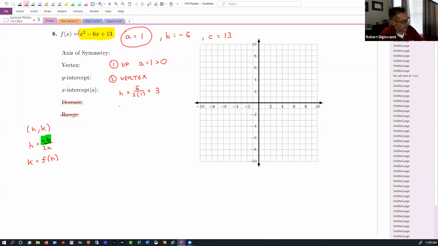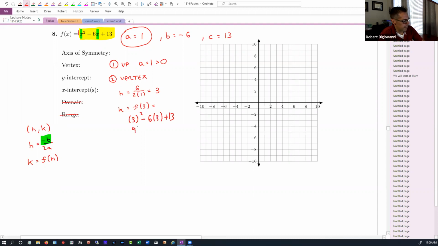Okay, so K, we need to find K, and to get K, what we do is we take that answer 3 and we plug it into the function. So that means we're going to go up to our function and we're going to replace all the x's with 3. So this should be 3 squared. We're going to square the 3 minus 6 times 3 and then plus 13.